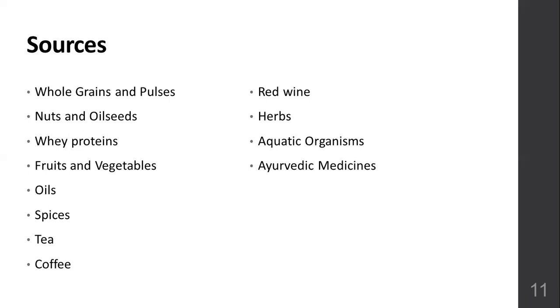If you see the table on vegetables, which vegetable do you think has the highest antioxidant activity per 100 gram from table 24.9? Five vegetables you can name which have the highest antioxidant activity.